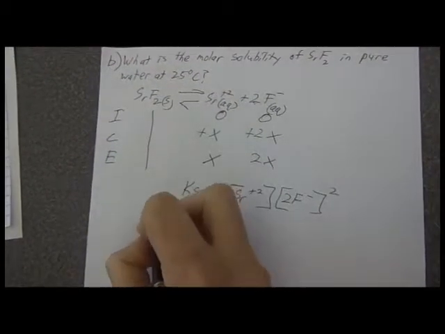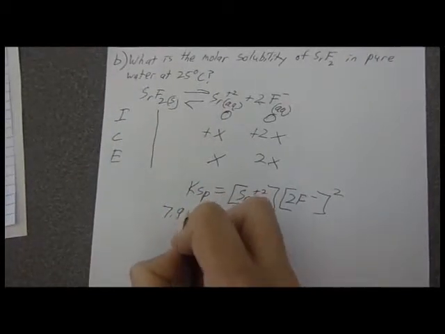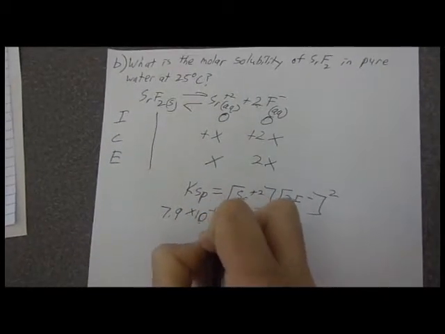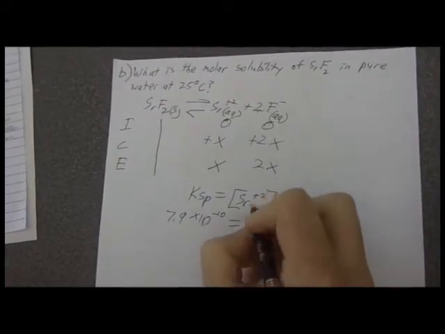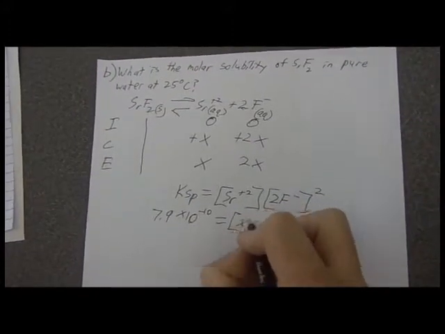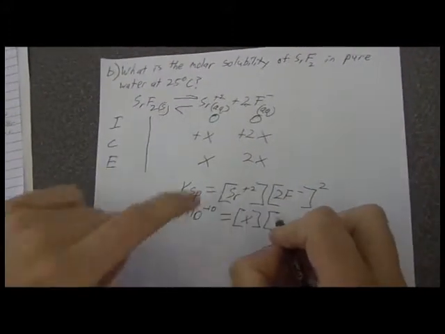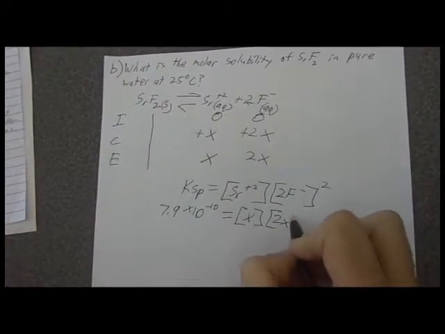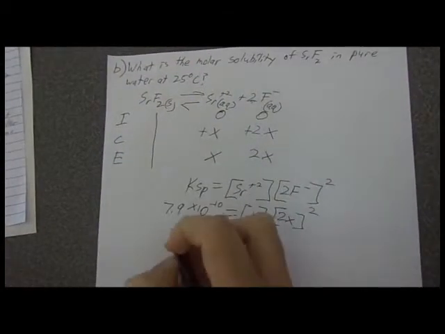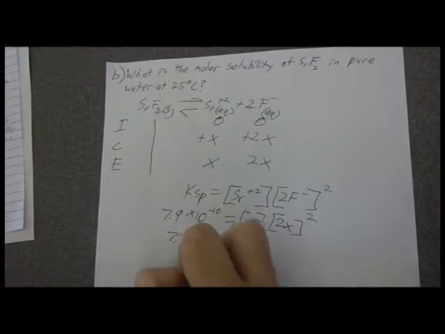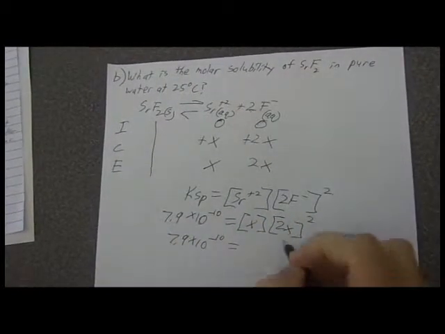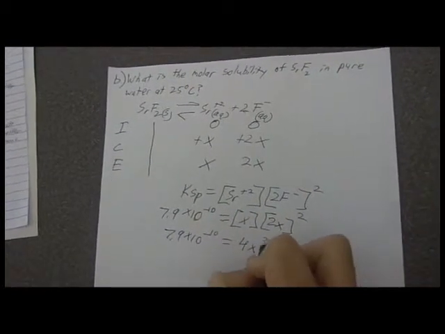Now when we read the problem again, we see that Ksp equals 7.9 times 10 to the negative 10 equals, we plug in x for Sr plus 2, and then we plug in the 2x for the F minus, and don't forget to square it. So now we have 7.9 times 10 to the negative 10 equals 4x cubed.